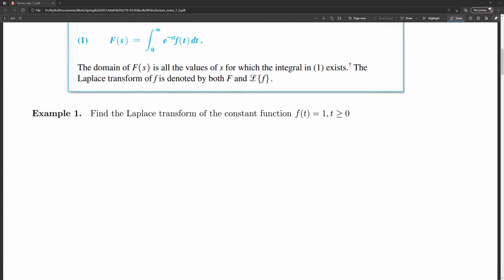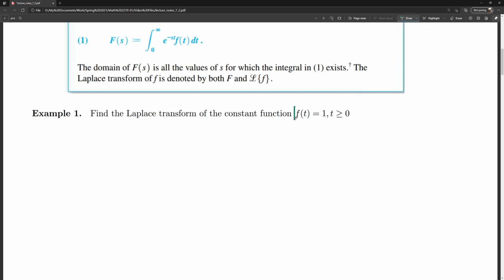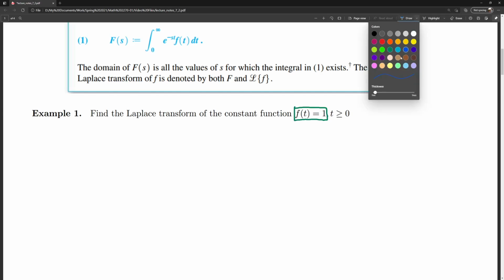So let's do an example with a very simple function to start out. We're going to find the Laplace transform of the constant function f of t equals 1. So this function f of t is the constant function 1, and we want to find the Laplace transform of this function.